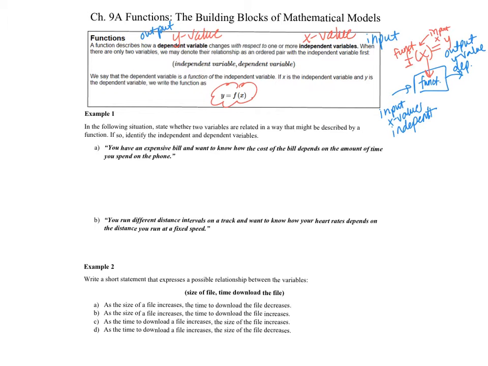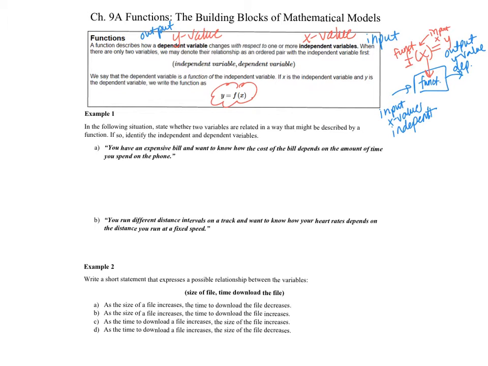So now that we kind of know what a function is, let's see if we can identify the pieces of the function, okay? So looking at this first example, it says, you have an expensive bill and you want to know how the cost of the bill depends on the amount of time you spent on the phone. So we have to think about what is the independent variable? What are we putting in and what are we getting out?